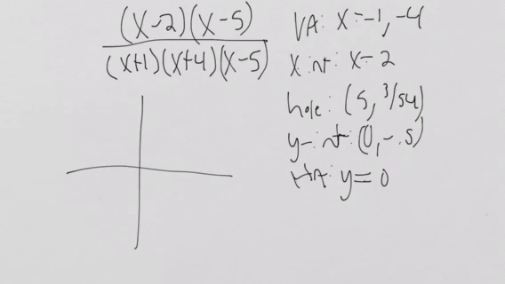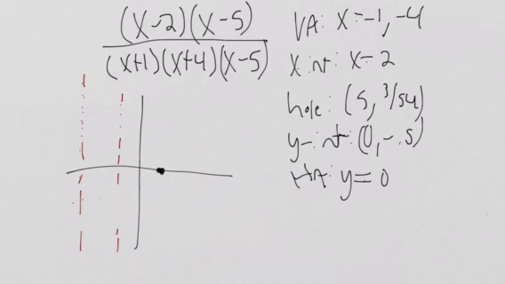So if I have a vertical asymptote at -1, and at 4, or -4, sorry, -1 and -4. Okay, so let's put those right there. All right, and then I have an x-intercept at 2, so I'll put an x-intercept right here.